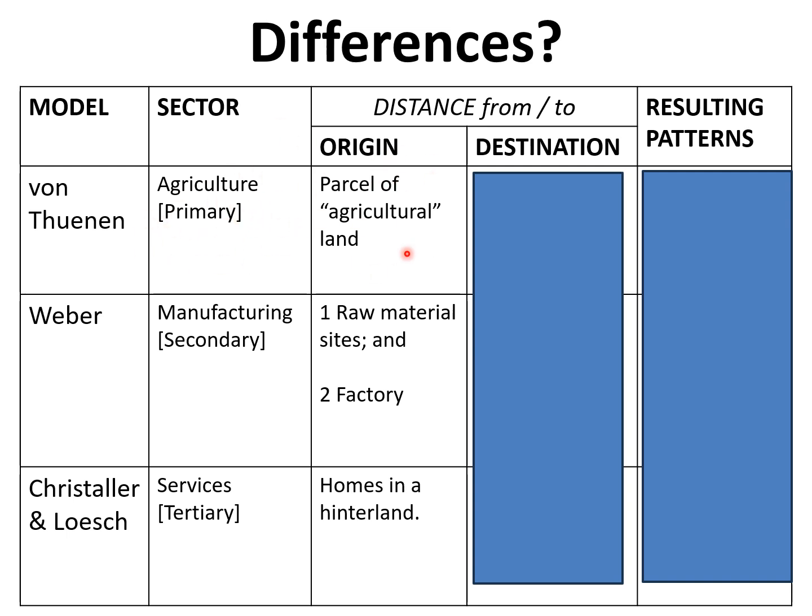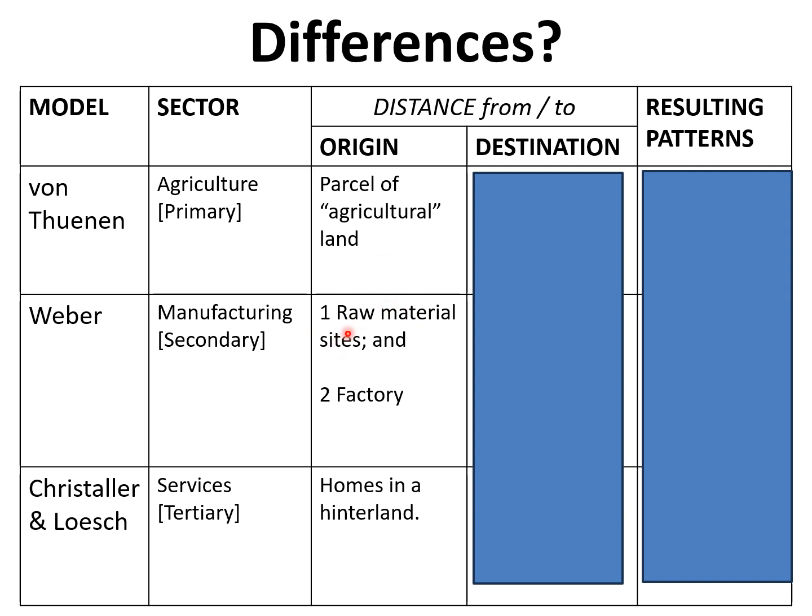Okay, and then with Weber's model, we've got a couple of different sites. In the models that we looked at, there were raw material sites, and then there was a factory. So in terms of the origins, where would the trip start? That's a way to think about origins. Where does the trip to the market start? In the example that we had for Weber, there were coal and iron ore mines.